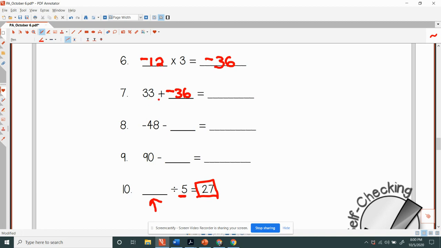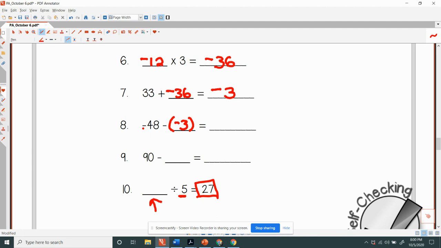And we have 33 plus 36. Which is the larger absolute value here? The larger absolute value is 36. So we know we take that sign. Our sign will be negative. And 36 minus 33 is 3. We take the negative 3. And I'm going to put it in parentheses so I don't have two negatives next to each other.